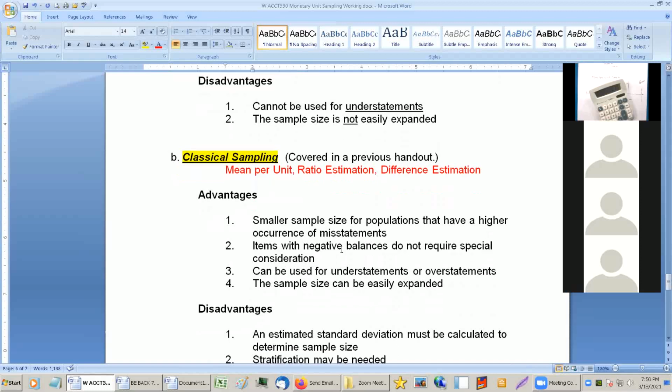Okay, this is if they have a lot of misstatements, classical sampling is fine with it. Classical sampling has no problem with misstatements. It'll average out the overstatements, the understatements, and all that.